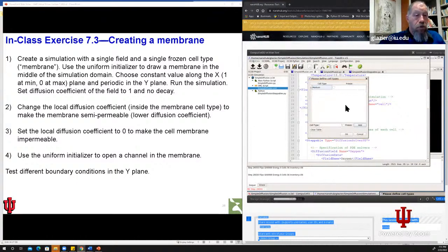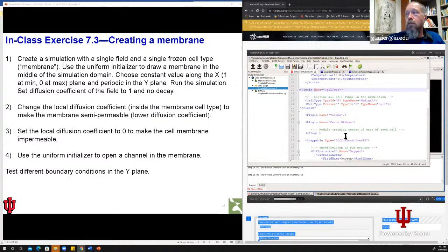So you don't have to remember the command for freeze. It used to be that the wizard only worked at the beginning of a simulation, but it's been extended so you can use it during the simulation, while you're writing the simulation in the editor.